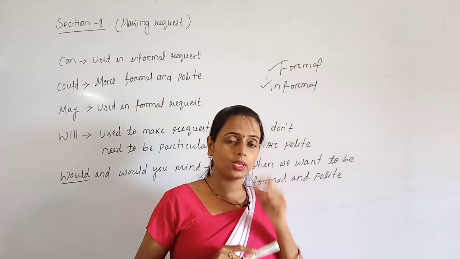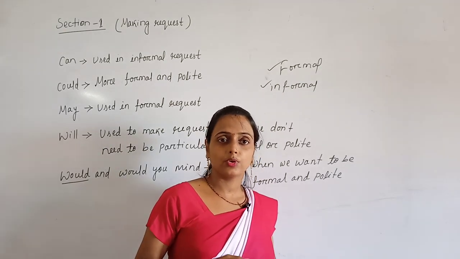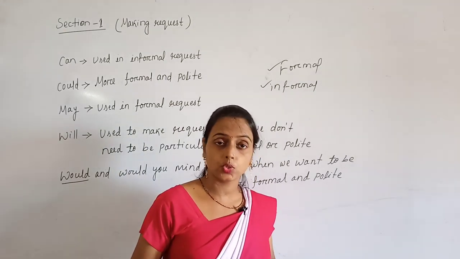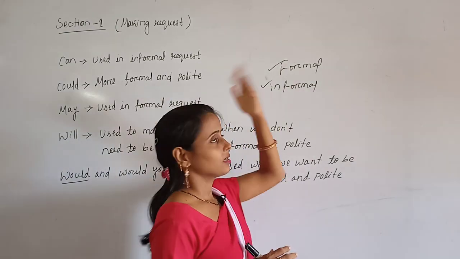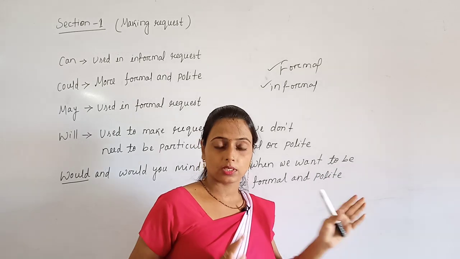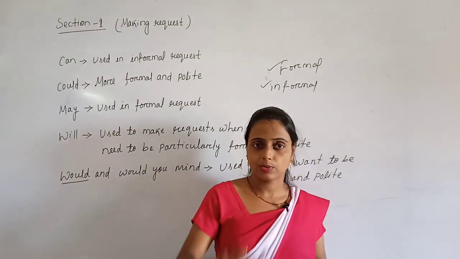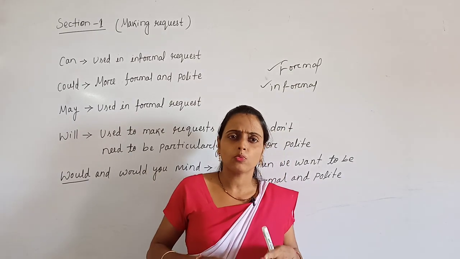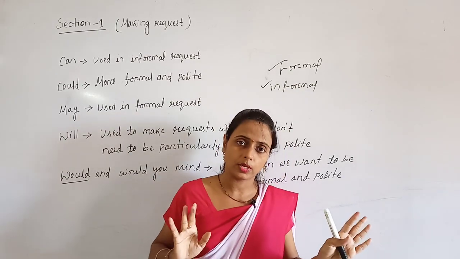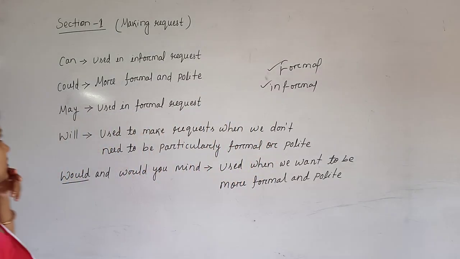But whenever you are making a request to your best friend, sometimes to your relatives also, if they are quite close to you, that time the request is informal. Okay, there is also semi-formal request. Semi-formal means what? Little bit formal, little bit informal. Semi-formal means you don't want to be particularly formal and polite, but you are formal. Understood now?